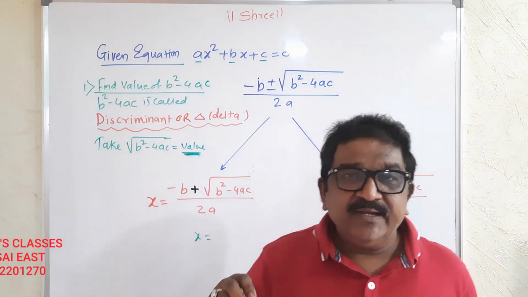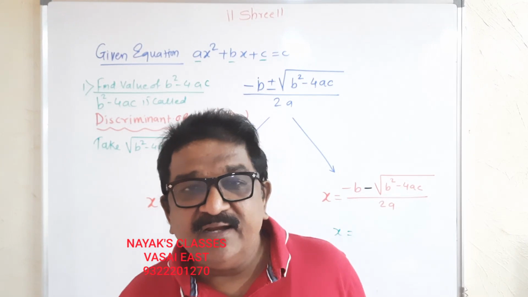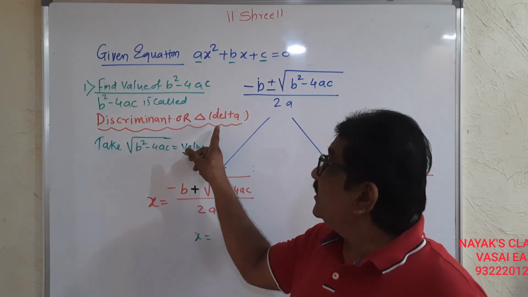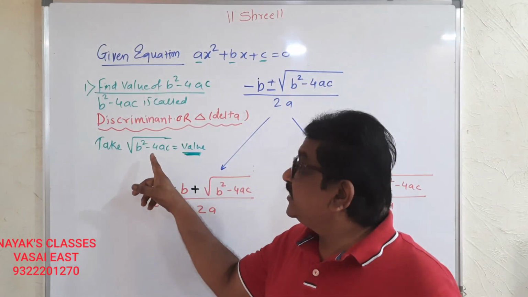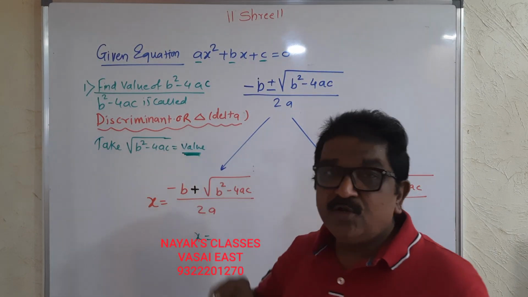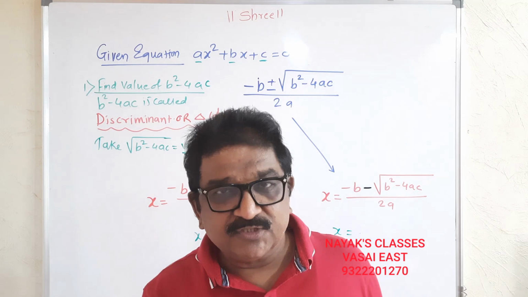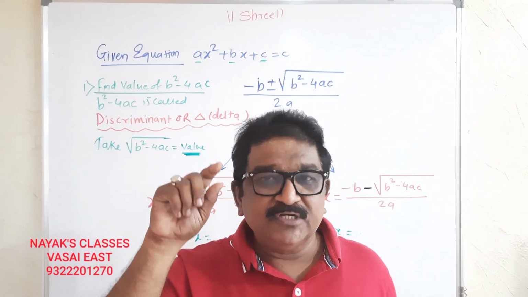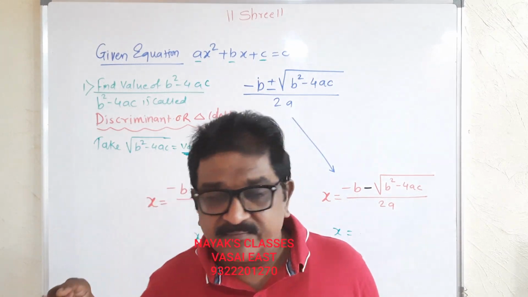Discriminant is shown by the Greek letter delta, a small triangle. So discriminant is the value of b square minus 4ac. What is b, what is a, what is c? They are the coefficients and constant term of the equation.